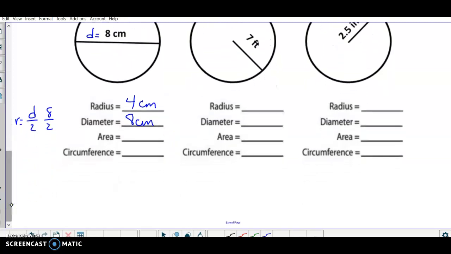So we know A is equal to pi r squared. So I'm going to plug in my numbers. I'm going to leave it in terms of pi. Pi times 4 times 4. So I just need to multiply my 4 times 4. And my area is 16 pi centimeters squared.